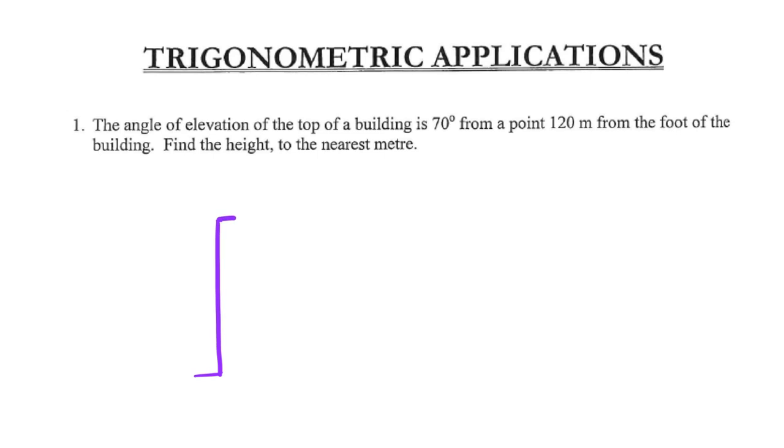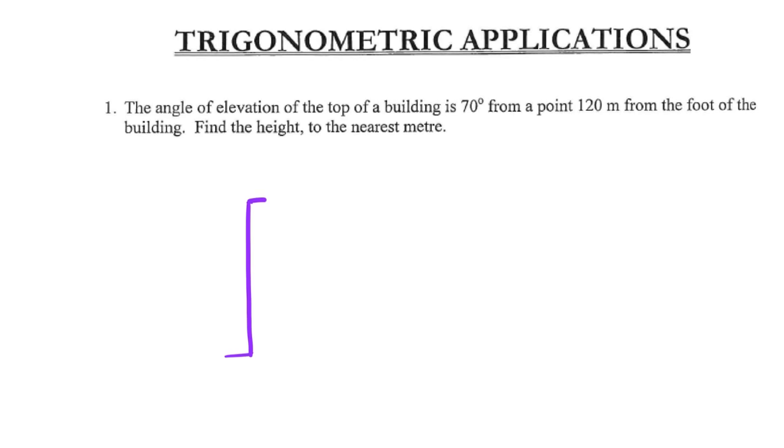Like, if you even wanted to say, there's the top of the building. Okay, we're great. The question says that the angle of elevation of the top of a building is 70 degrees from a point 120 meters from the foot of the building. So if I was to come over to the left and choose a spot 120 meters from the foot of the building, that is then 120 meters.